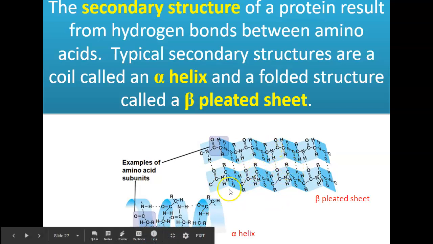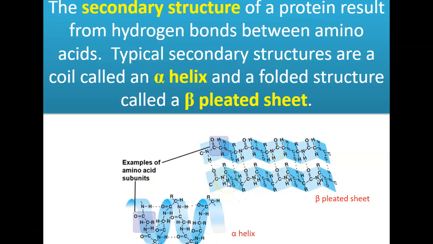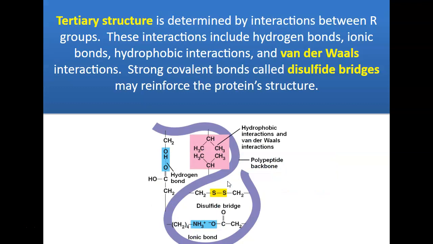So this is an example of secondary structure as a result of hydrogen bonds. And then that secondary structure folds together and creates what's called tertiary structure.